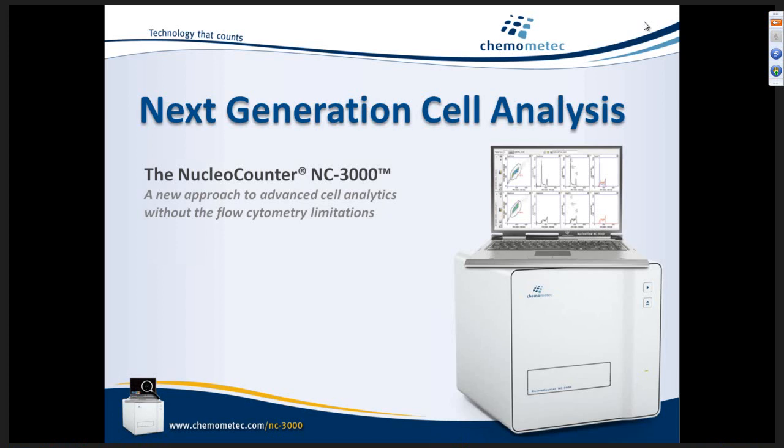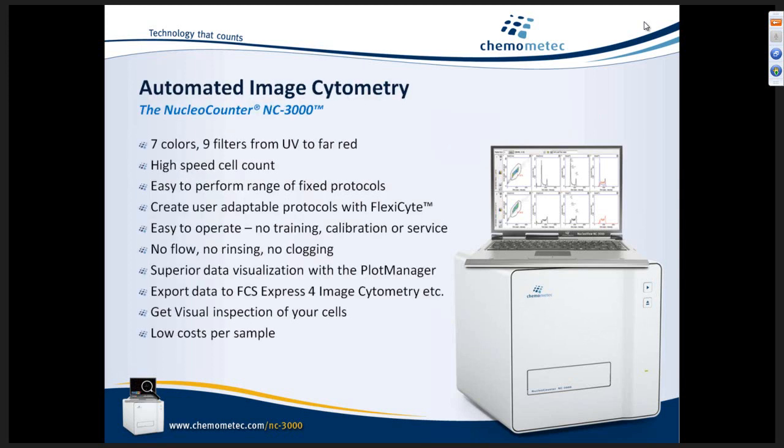FCS Express for image. And the NC-3000 is the next generation cell analysis instrument, and the NucleoCounter NC-3000 here can do much of the same that a flow cytometer can do, but without the limitation of the flow. And we have this automated image cytometry that is based on 7 color light sources and 9 filters, going full spectrum from UV to far red.